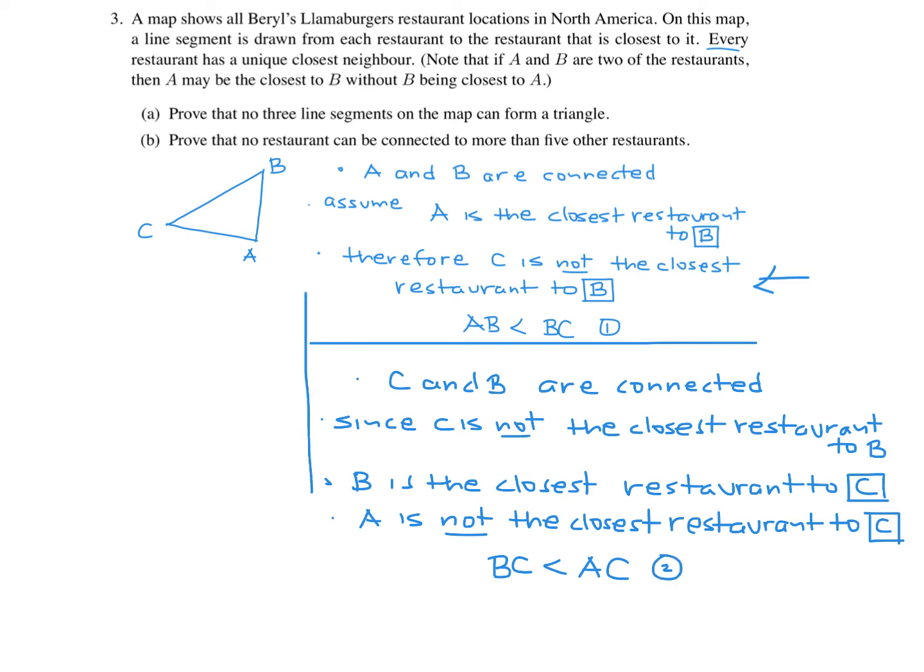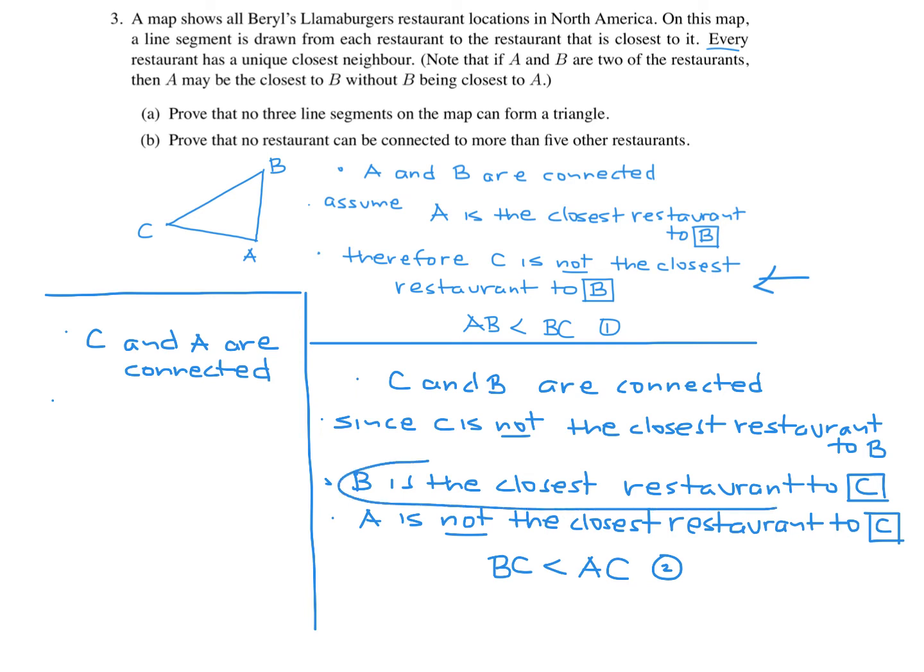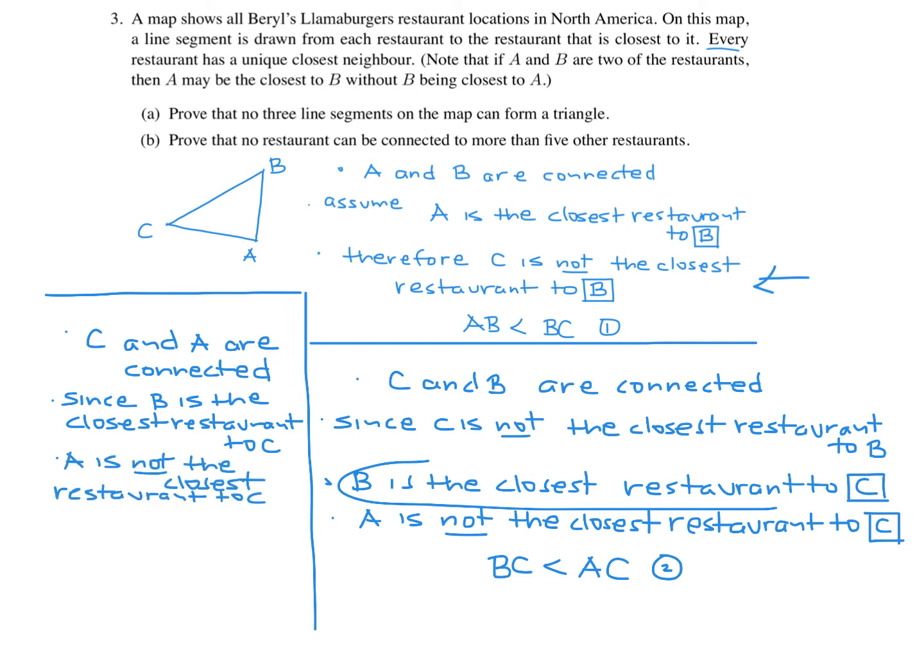And in the exact same way, I'll let you do the third scenario. I think by now you've become an expert. If you look at, by the same logic, C and A, since B is the closest restaurant to C, established here, that means that A is not the closest restaurant to C. Now, since A and C are connected, that means that one of them has to be the closest restaurant to the other.